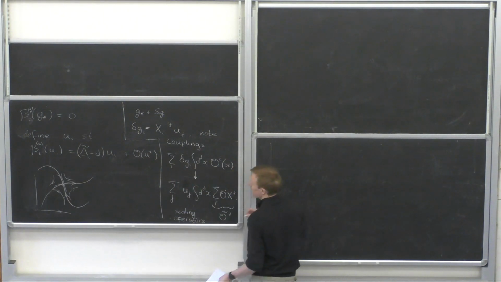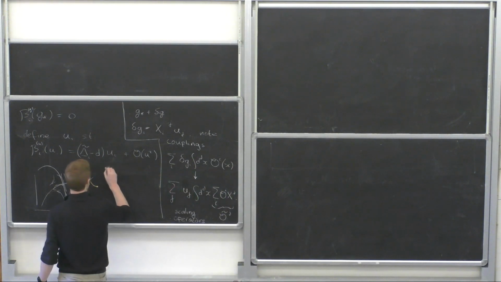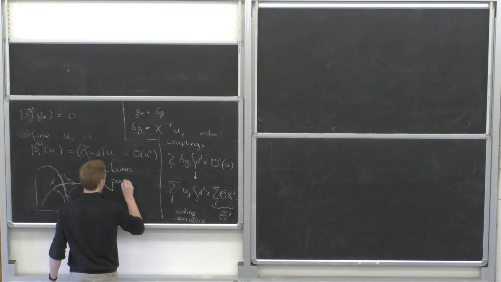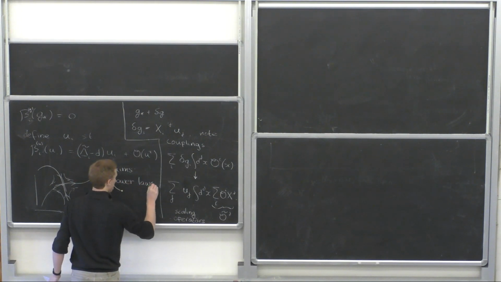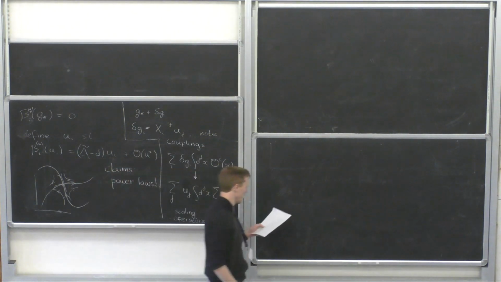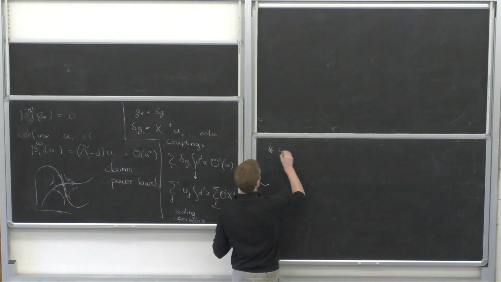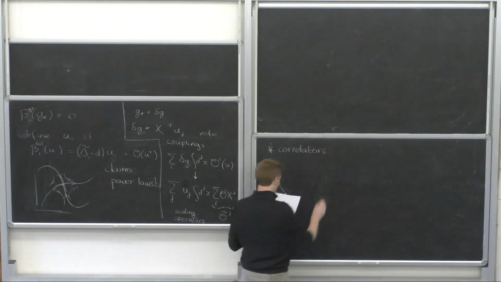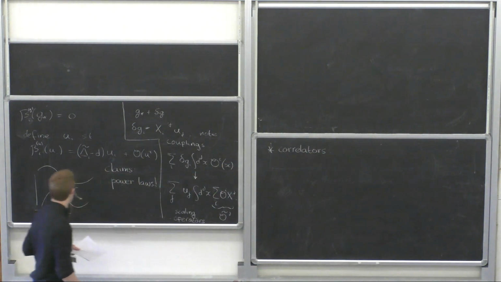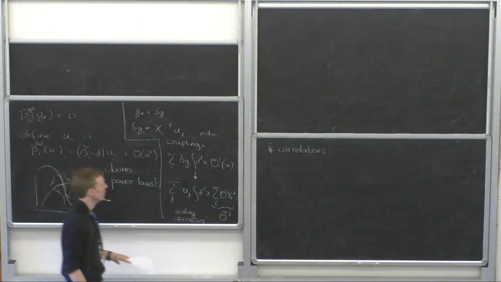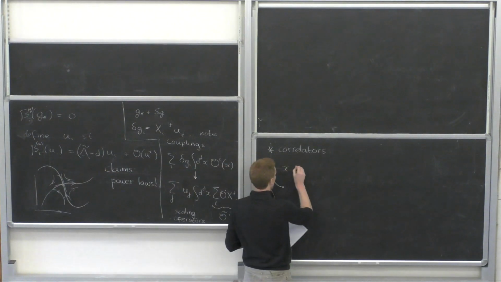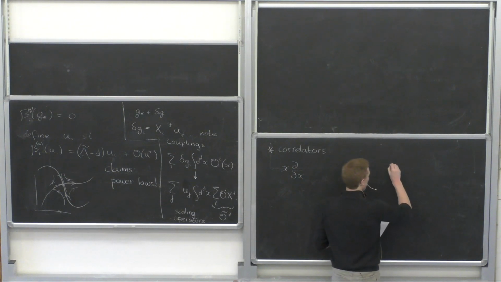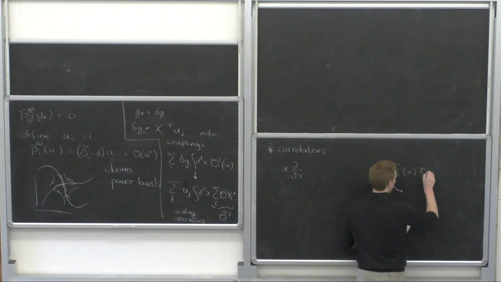So the claim, of course, is that there is scaling, there are lots of power laws at these fixed points. So for example, at the level of correlation functions, your Callan-Symanzik equation basically reduces. Let's look at two of these scaling operators for simplicity.